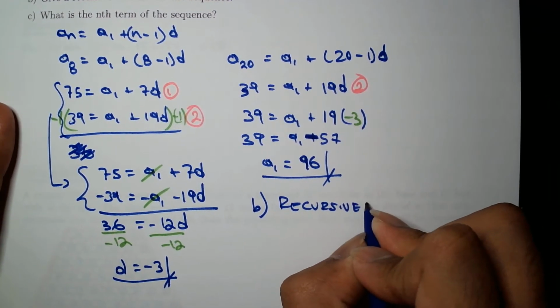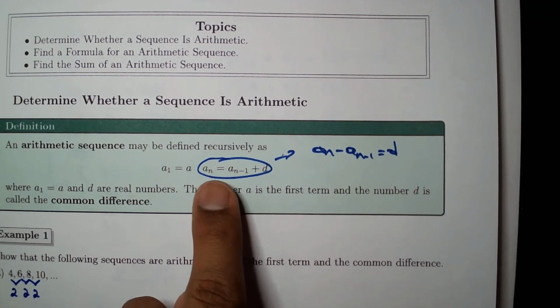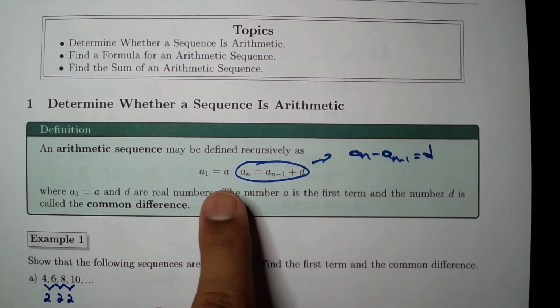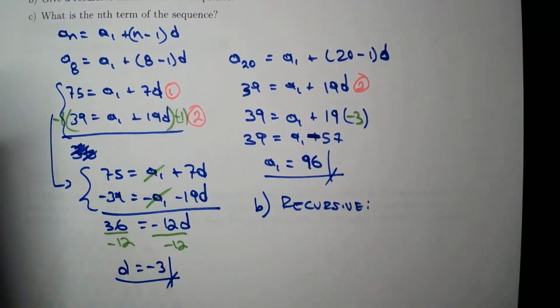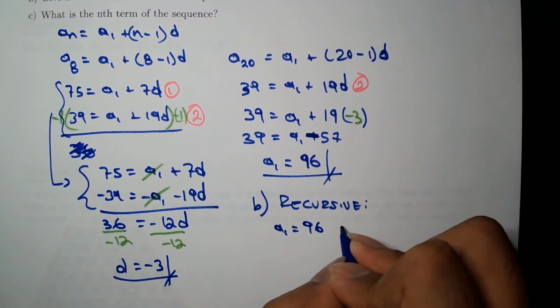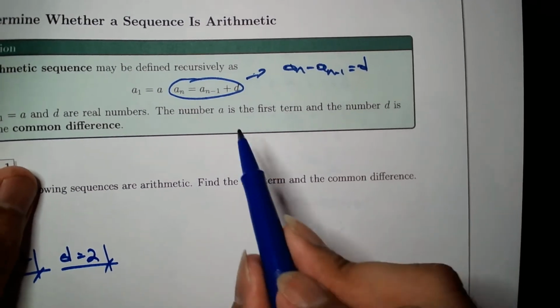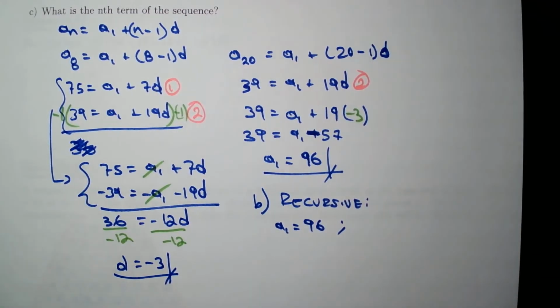Let's go back to the previous page and look at the definition of the recursive form for the arithmetic sequence. So a sub 1 is the first term, which is 96, and a sub n equals a sub n minus 1 plus d.